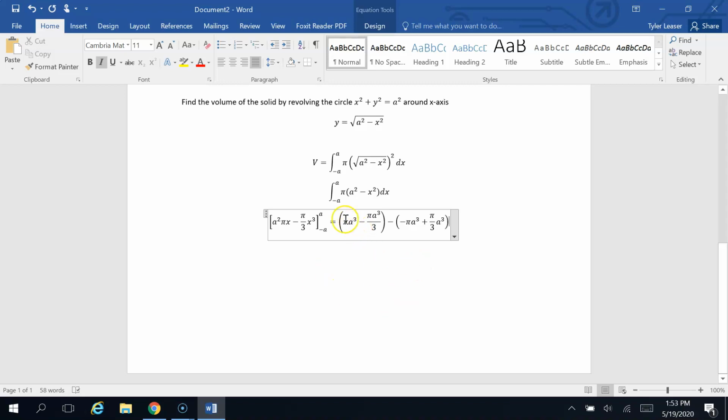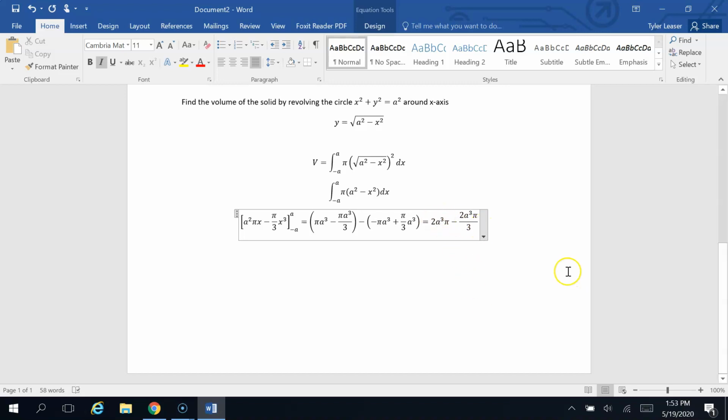Okay, here we have a pi a cubed and another positive pi a cubed, so those will add together to be 2 a cubed pi. Here we have a negative pi a cubed over 3 and another negative a cubed pi over 3. So those will combine together to be a negative 2 a cubed pi over 3.